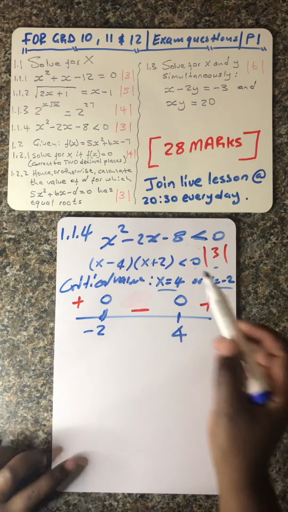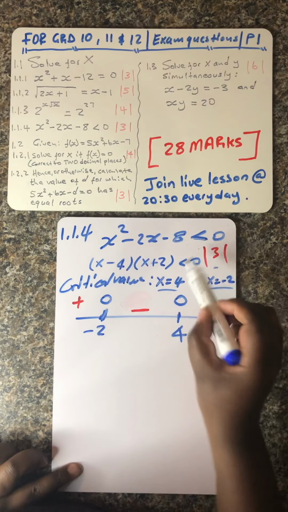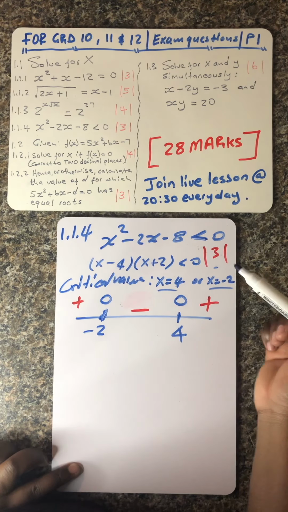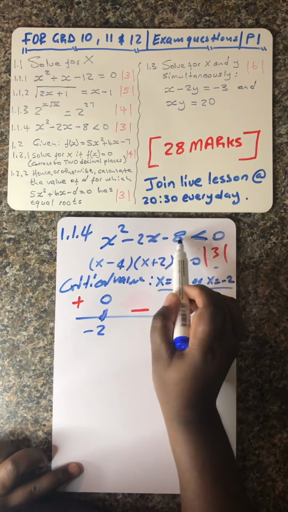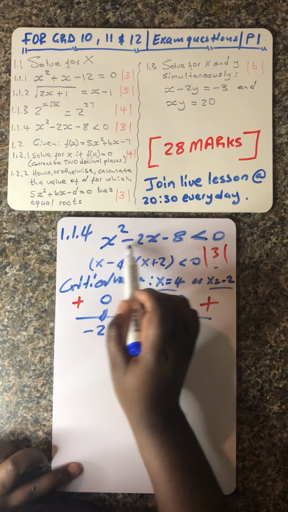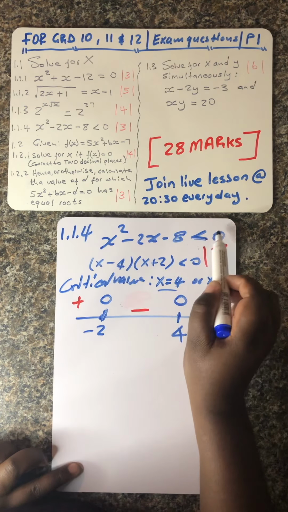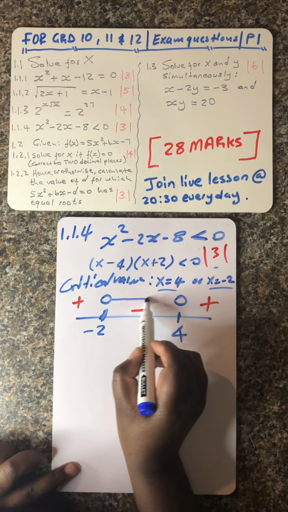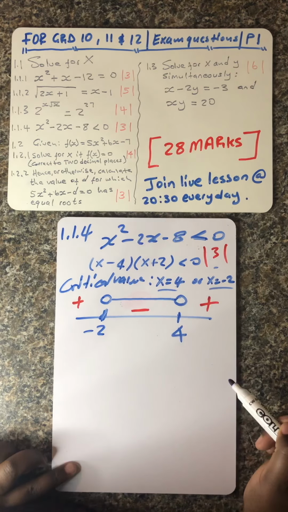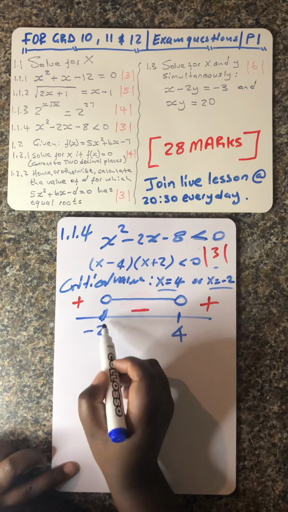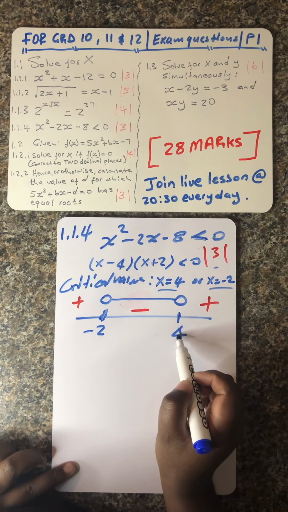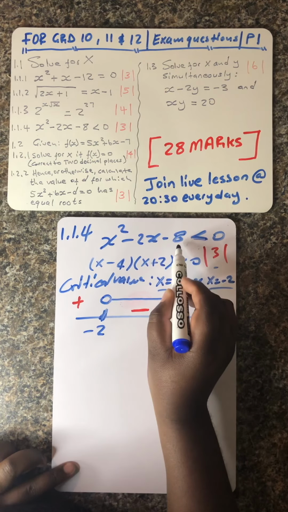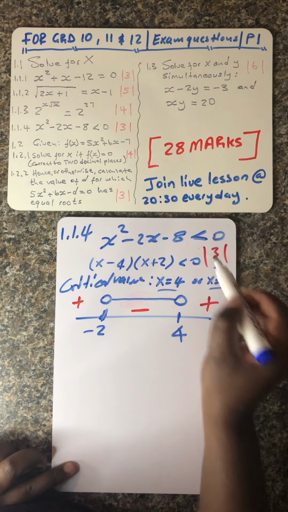So can you see, guys, this equation, when we interpret it in words, we are saying for which values of x, when you substitute on this equation, will be less than 0. So guys, this is where you just join these lines. So what you're basically saying is that between -2 and 4, that's where the values of x, when you substitute there, are less than 0.